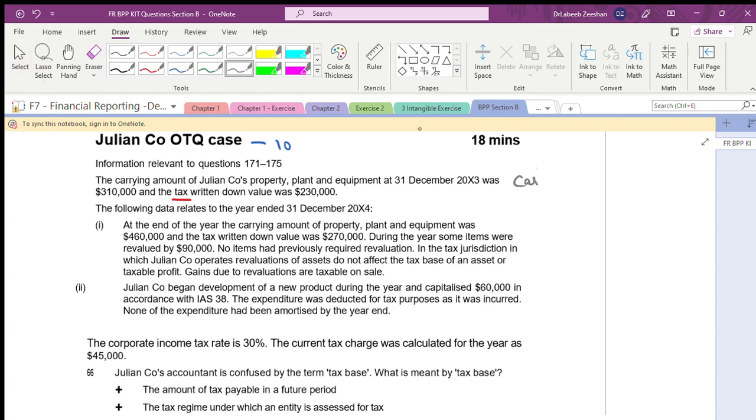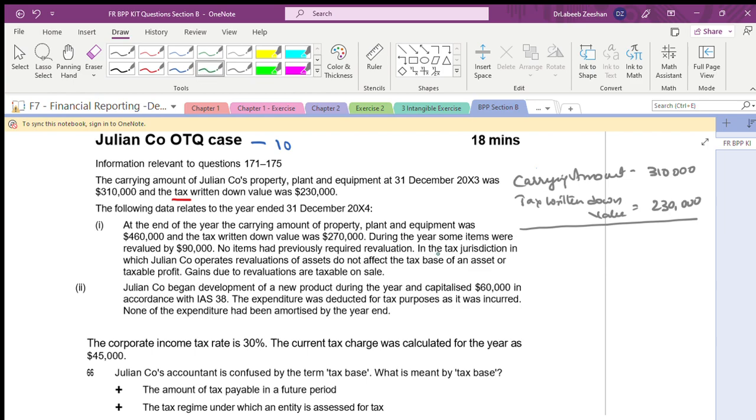And the tax written down value is 230. Fine. Put one dash here. I will change the color for your understanding.